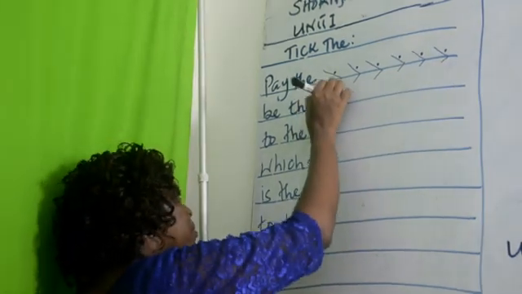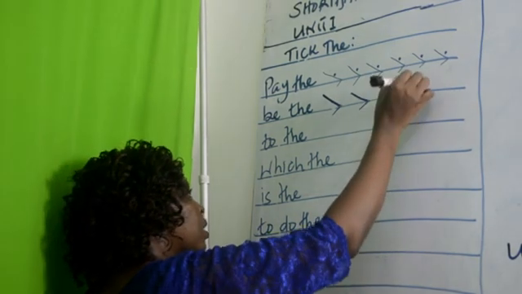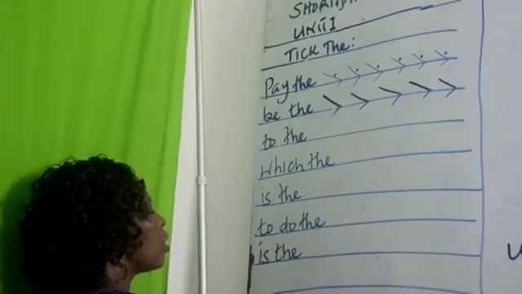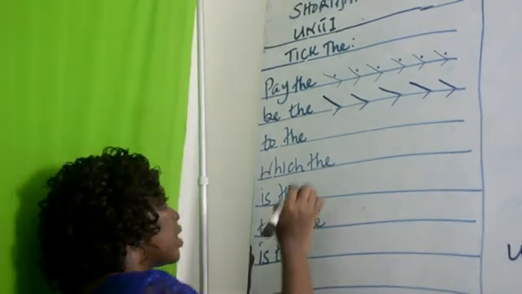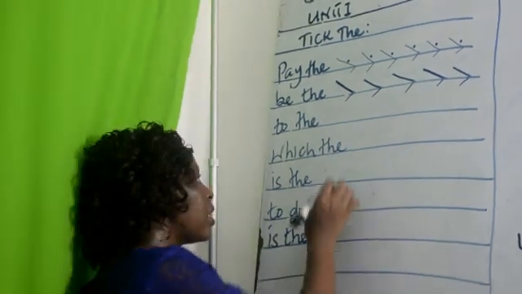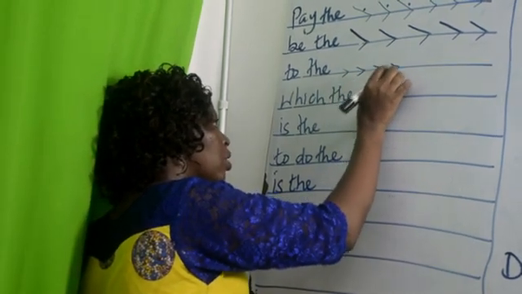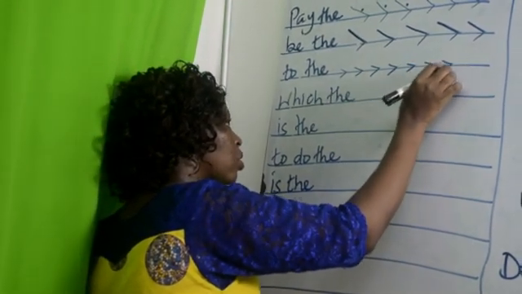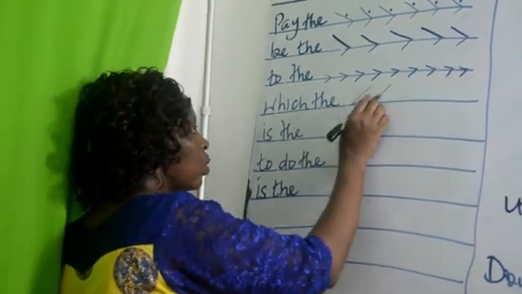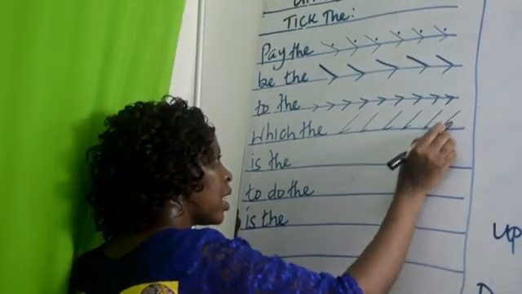Then we have be the: short form B joined with tikida. And then short form to joined with tikida, to the. Then we have which the: short form which, and then tikida.